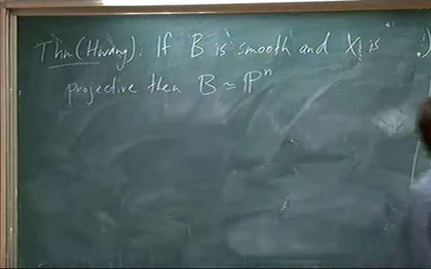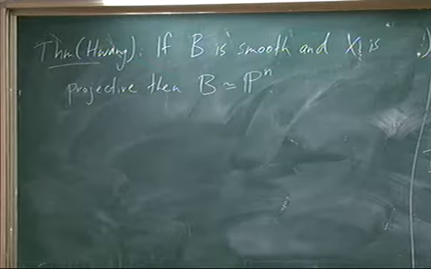So over here, I'm not assuming that the base is smooth. The hypothesis, which I didn't state explicitly here, is that B should be normal, not necessarily smooth.